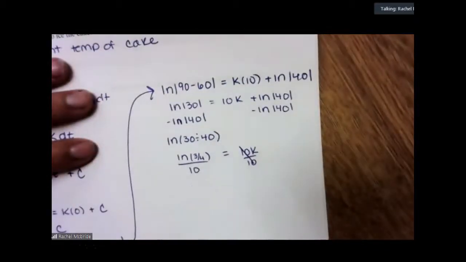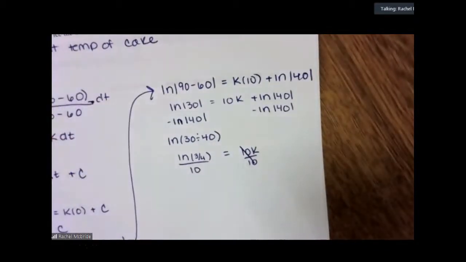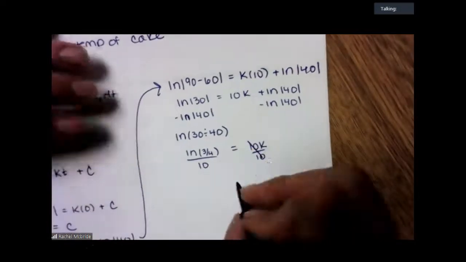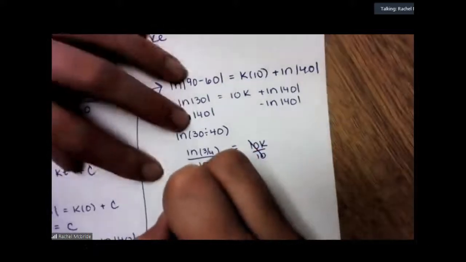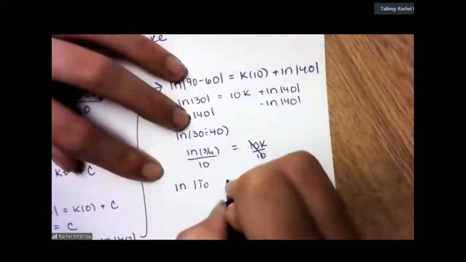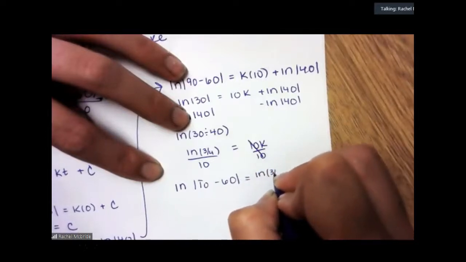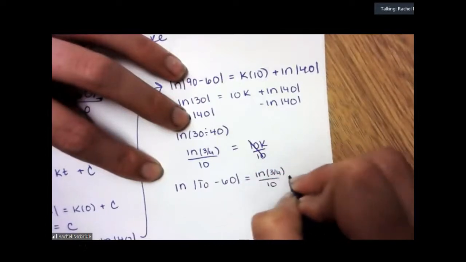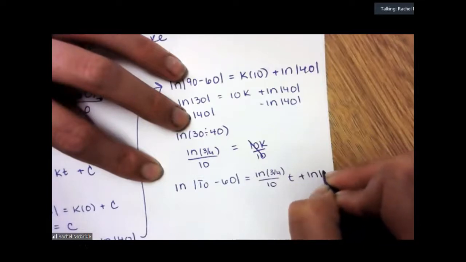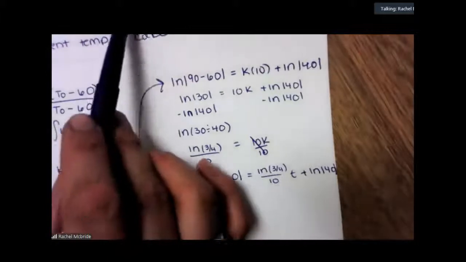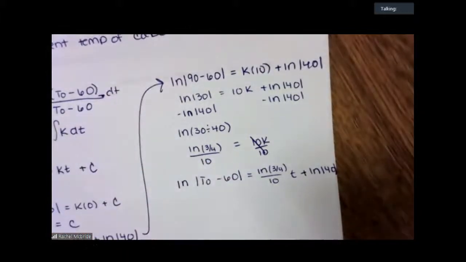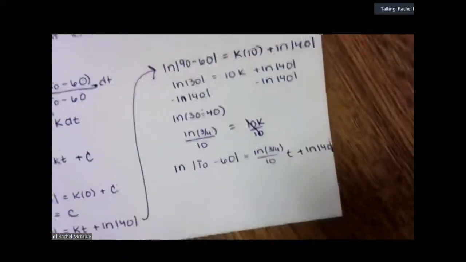And there's our k value. So our equation is ln(T minus 60) equals (ln 3/4 divided by 10) t plus ln 40. So if you want to know when will the cake be 80, you plug 80 in and solve for t.